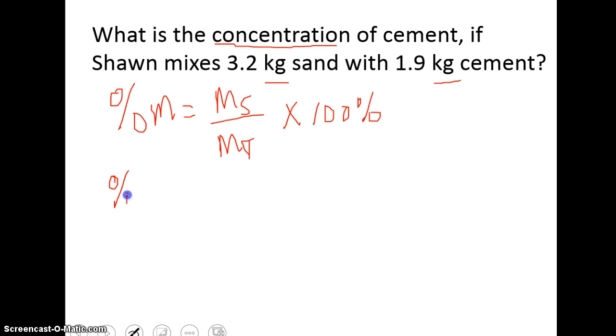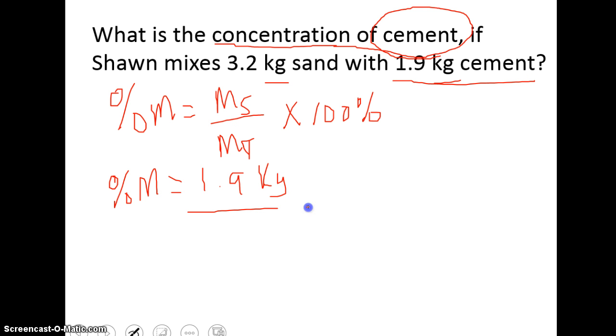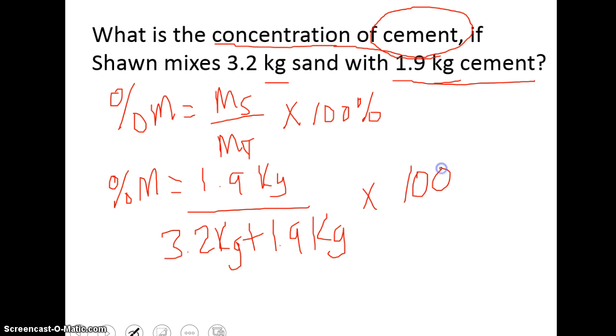Your Ms, now this is where some students struggle, but because it says concentration of your cement, that means that's your Ms. So your Ms is going to be the 1.9 kilograms, because that was your cement. And then the total goes on the bottom, so 3.2 kilograms plus the 1.9 kilograms times 100%.